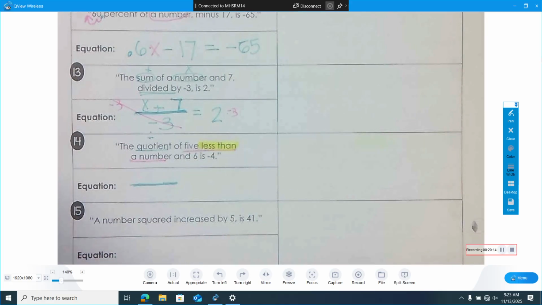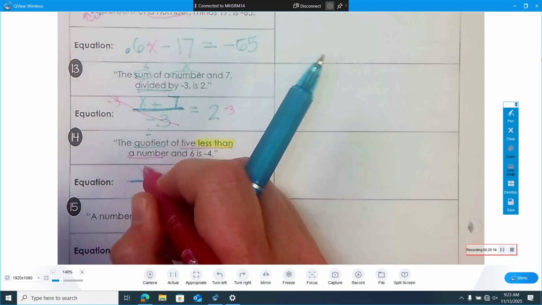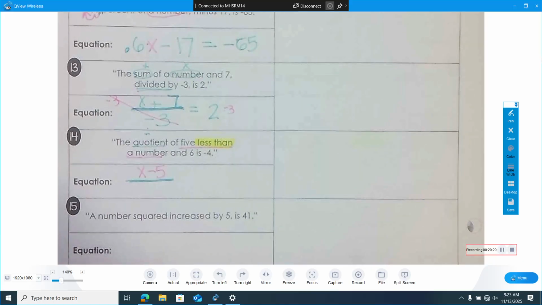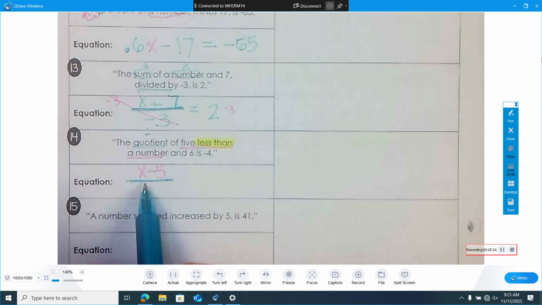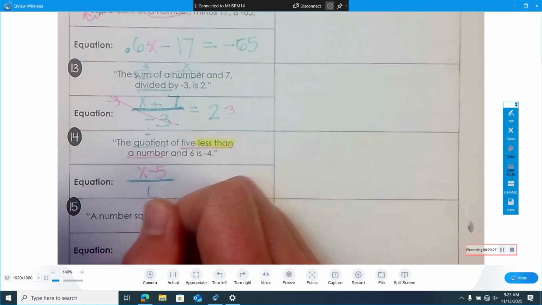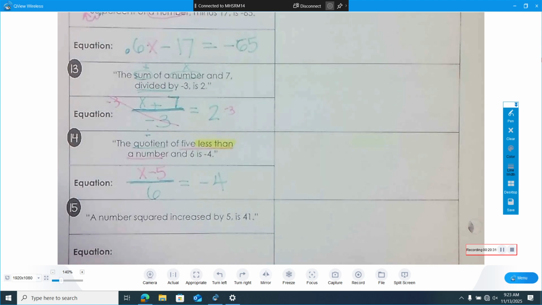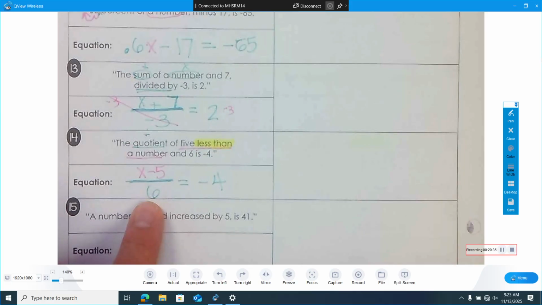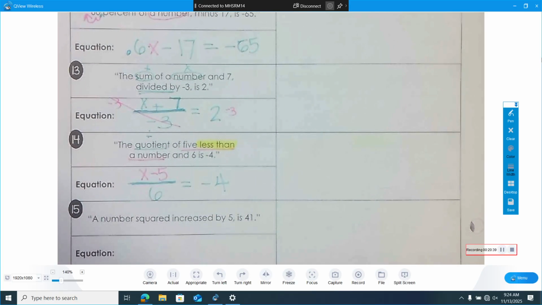So how should we write that? X minus 5, very tricky, x minus 5. So the quotient of 5 less than a number, so x minus 5, and 6 is negative 4. So x minus 5 over 6 equals negative 4. How do you get rid of the divide by 6? Times by 6. Times by 6 on both sides to clean that up.